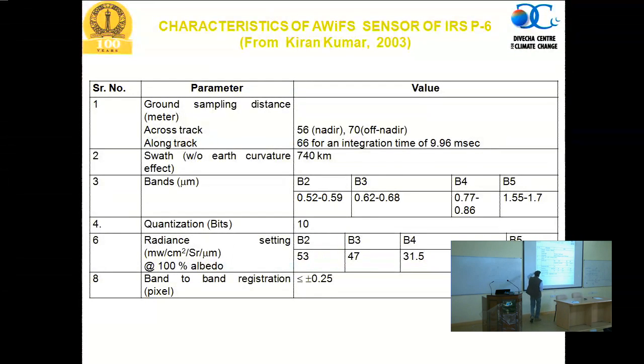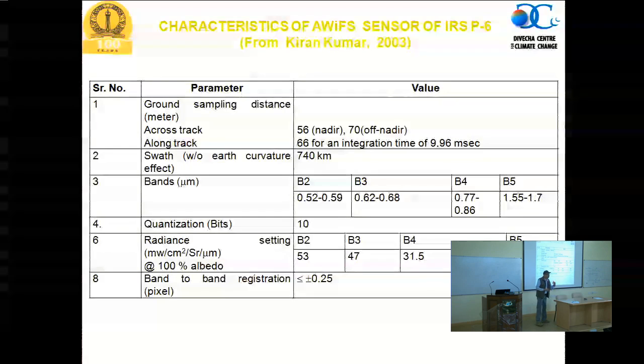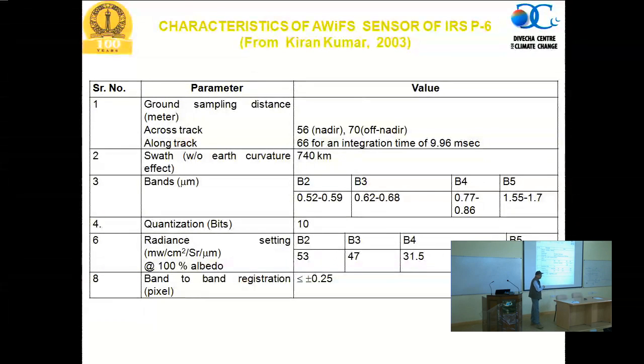The next important thing is the swath. That means how much distance it will see. And this is 740 kilometers for the AWiFS sensor. We are not talking about the AWiFS sensor only, but one sensor of it. So you can see here, it is 740 kilometers distance we can see at a time. So what it means?